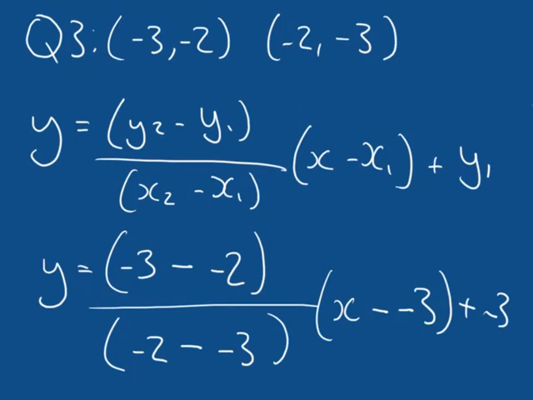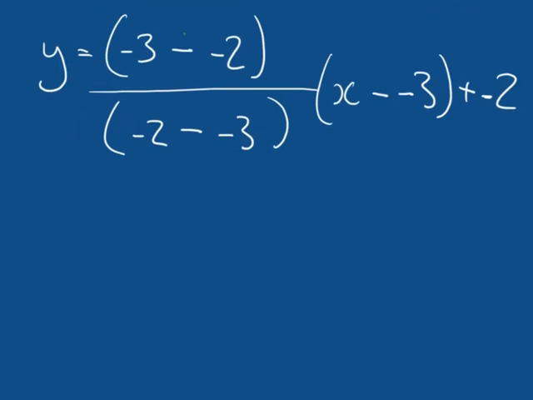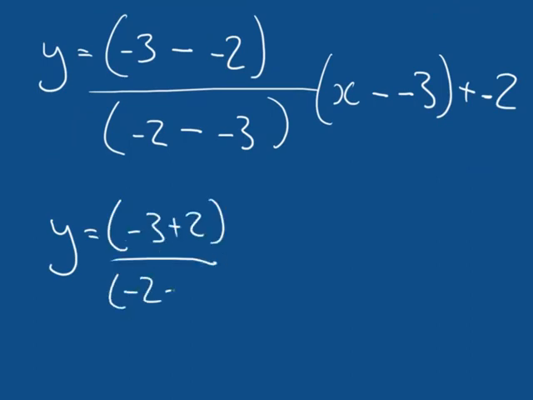Sorry, y1 is not minus 3, that's y2. y1 is actually minus 2. Okay, so there are our numbers. Let's simplify these. Where we have two negatives, that needs to become a positive, so that'll be the first step. So y is equal to (minus 3 plus 2) over (minus 2 plus 3), times (x plus 3), minus 2.